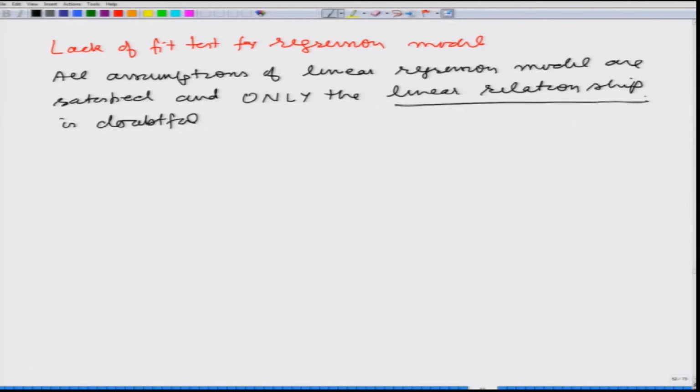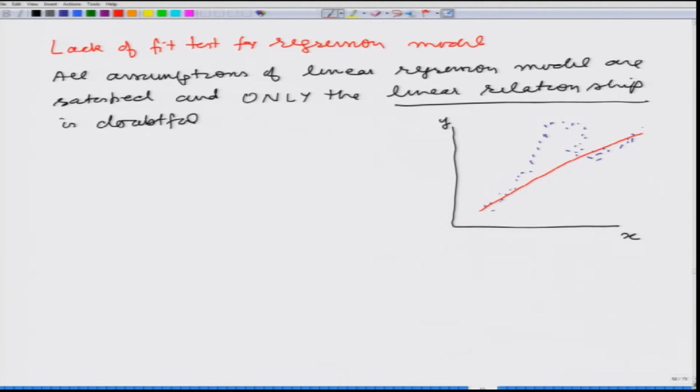So, we are going to test a situation where we want to discuss whether the model has a linear relationship or not. If I try to draw such a situation, we have a scatter diagram something like this. If you try to fit a regression line, that may go like this.